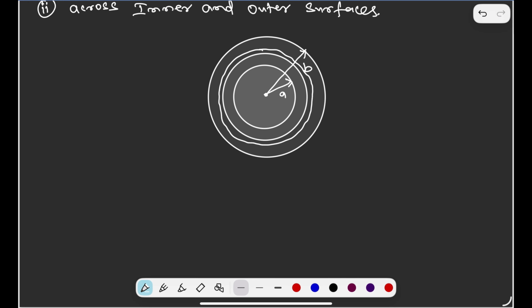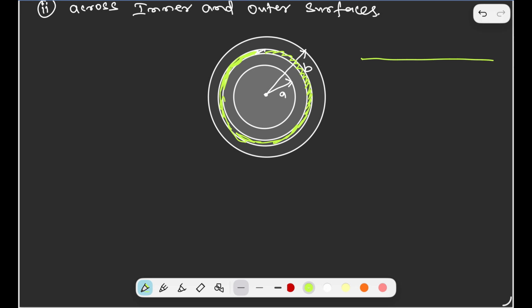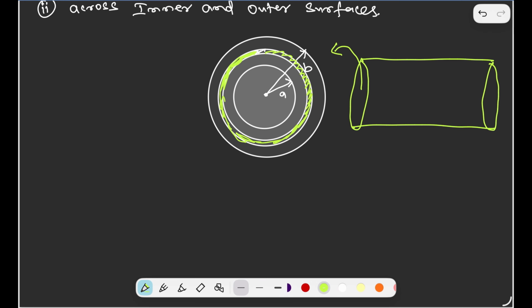Suppose we divide it into infinite parts. This shaded part is dr. If it is dr, the length element is across its length, so the side view looks like this. This length is dr, and from the center to here is r.